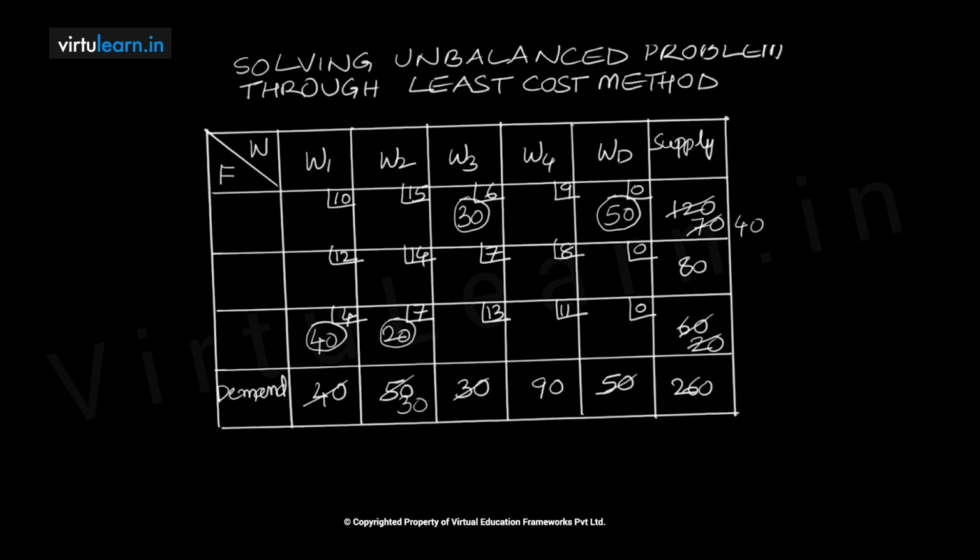Now we have in W2 these two cells and in W4 these two cells. Here the lowest is 8 rupees. So here we will allocate 80, because 90 are required but only 80 are available from factory 2.